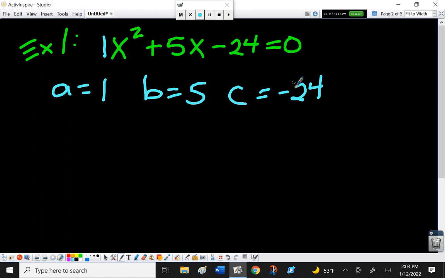We're going to use these numbers to solve the quadratic using the quadratic formula. So let's go ahead and do this.